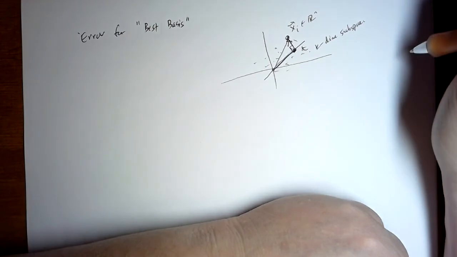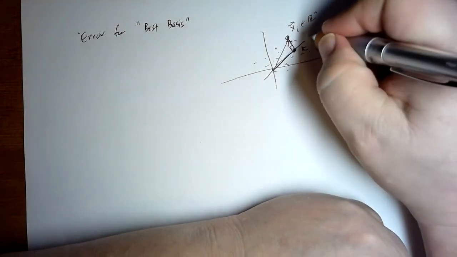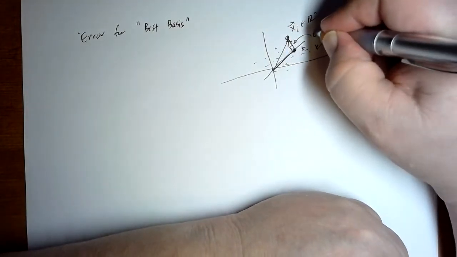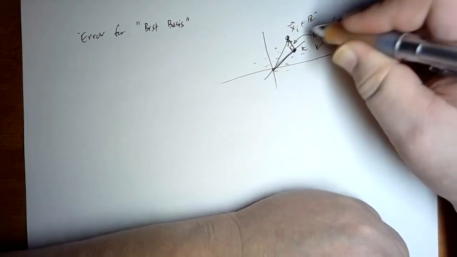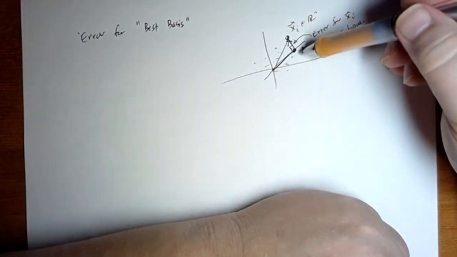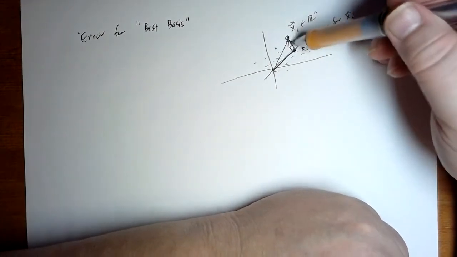And so this is going to be the error for xi, this length right here, the distance between the projection and the original data point.